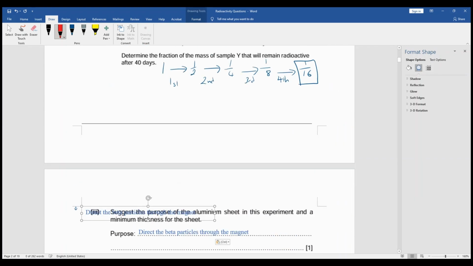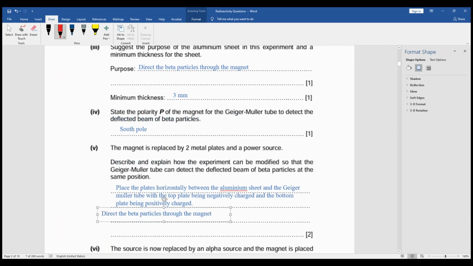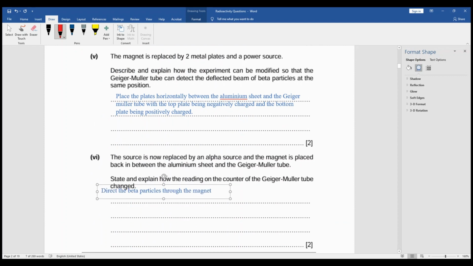So how would that affect the reading? The reading will drop drastically, but it will not reach zero because there is still background radiation.